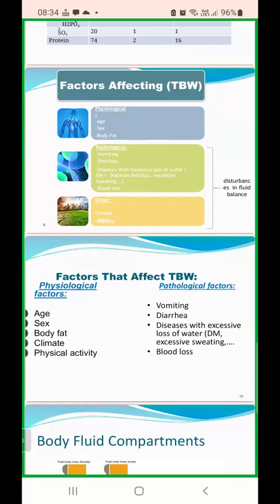Others could be the climate and habits of the person. We'll see how ORS helps in vomiting and diarrhea, and how diseases with excessive loss of water can be replenished by the use of certain hypertonic solutions.